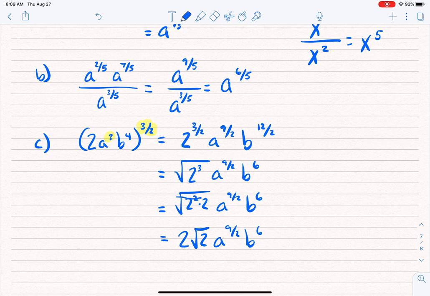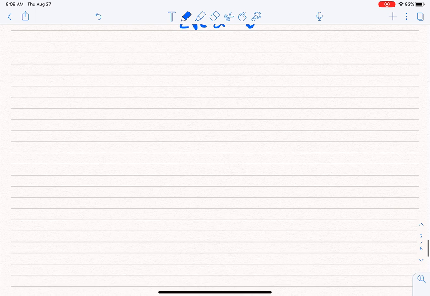All right, now can you believe it? We're going to go one more step, and now you're going to see Crazy Town in its full entirety. Here we go, ready? Let's take a look at part D. What if I said we're going to have 2x to the 3/4? Now realize that that 3/4 exponent is only on the x, not the 2. Over y to the 1/3.